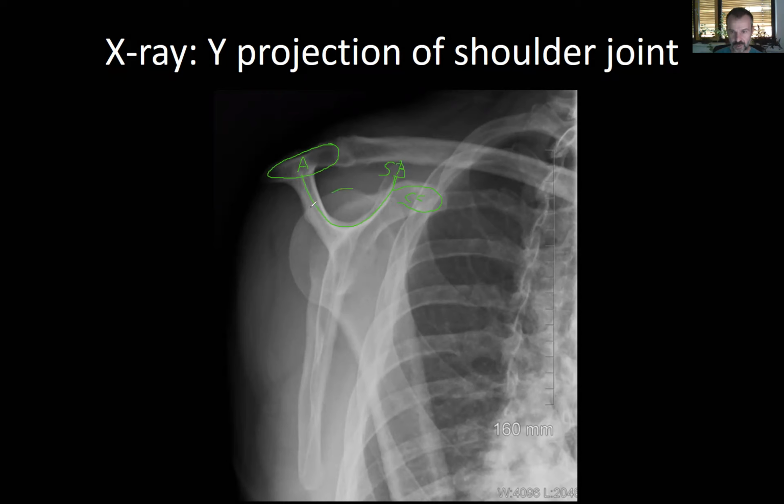And of course, nicely visible glenoid cavity here. And the larger structure is humeral head. The scapula itself then continues here down to the inferior angle.